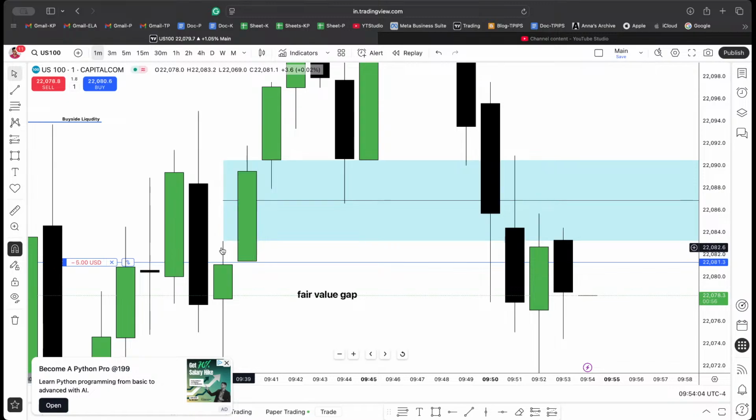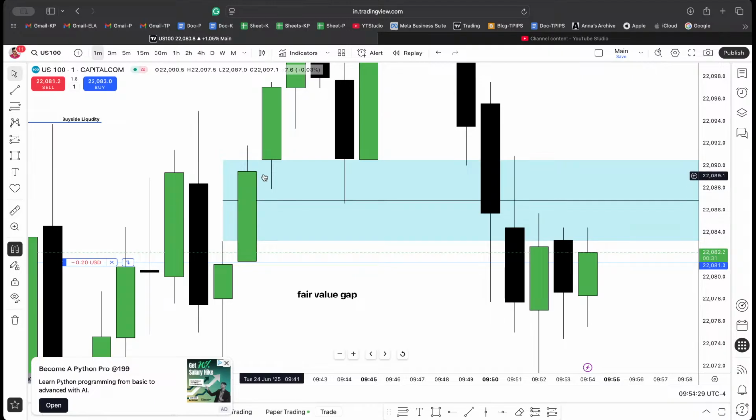A fair value gap starts from the top or the highest point of the first candle, and in a bullish setting, it spans the highest point of the first candle and the lowest point of the third candle. In a bearish setting, it could be the lowest point of the first candle and the highest point of the third candle.